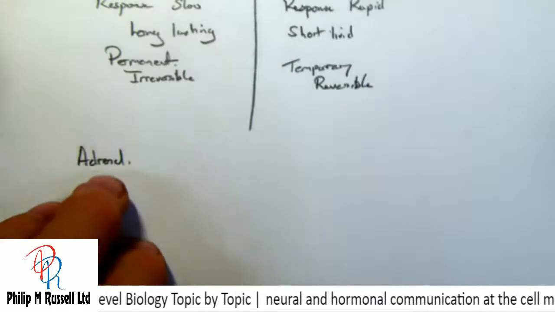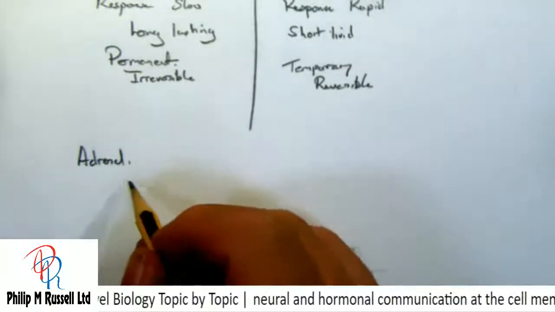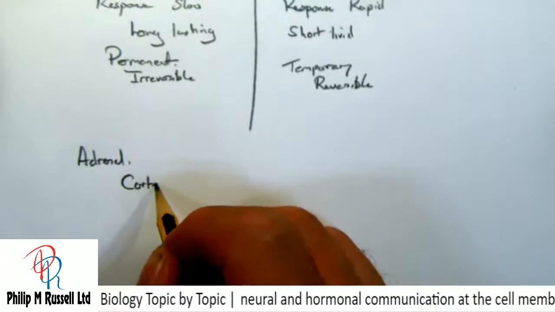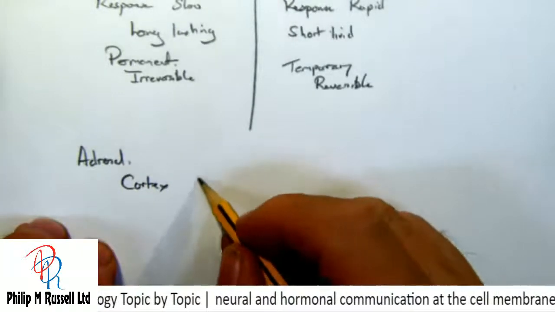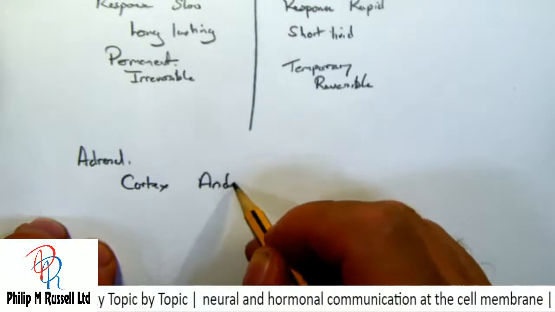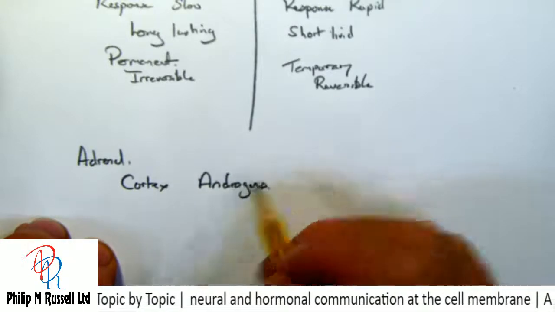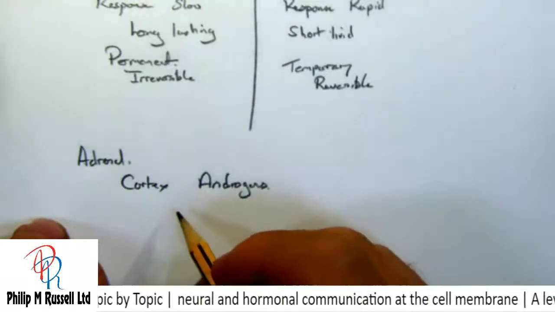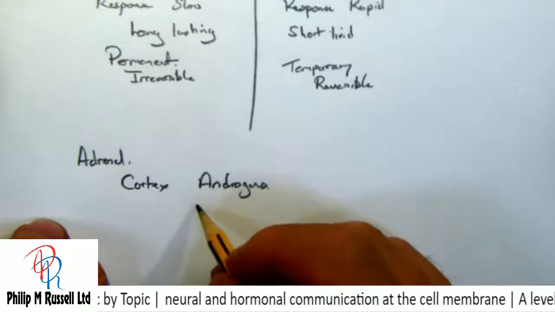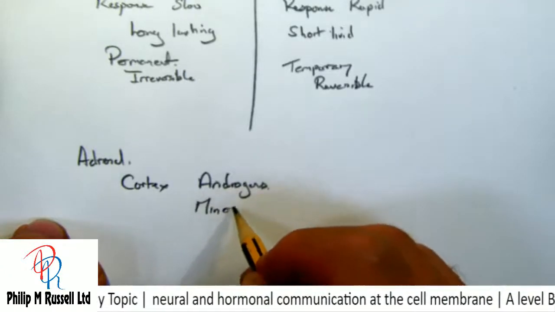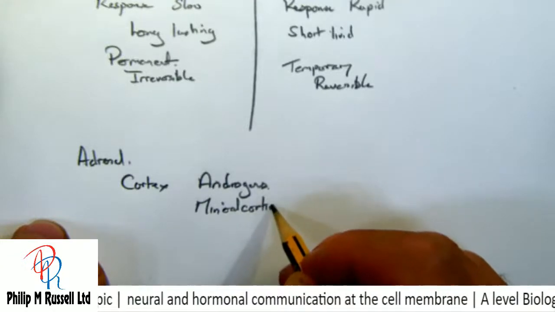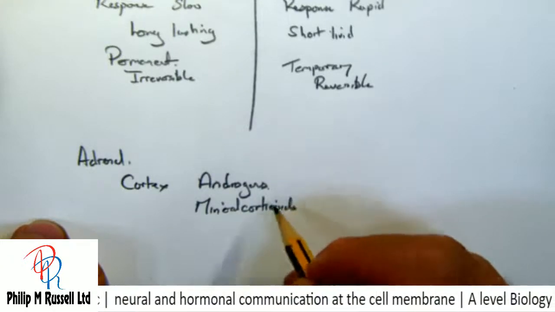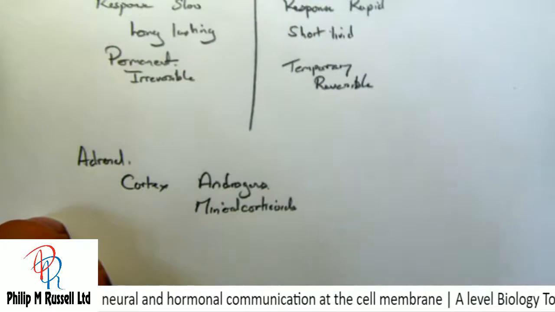We've got the hormones produced in the cortex, the androgens, and we've got the mineralocorticoids.